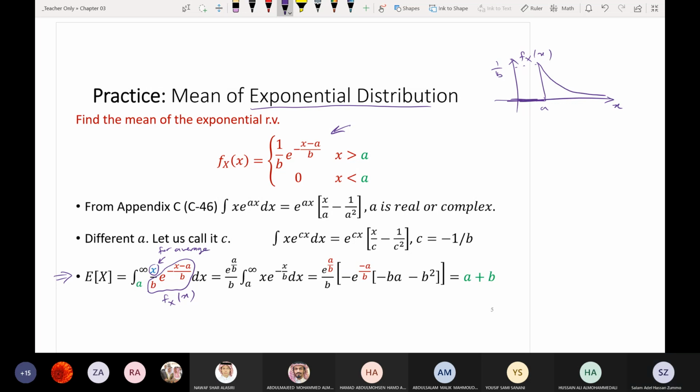I integrate from A to infinity because the PDF starts from A. Now, in order to do this, I can remove everything that is constant: e to minus A over B, which is e to A over B, I can take outside because it is constant, divided by B, which is also constant.